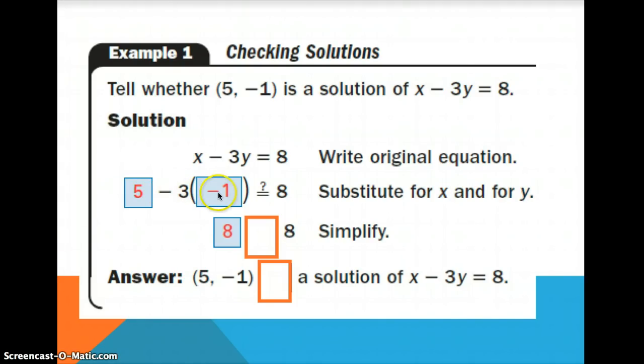So negative 3 times negative 1 is positive 3, right here. This became adding. 5 plus 3 is 8. So it equals. That means that ordered pair 5 comma negative 1 is a solution. That's all you have to write, yes or no. In this case it would be yes, it's a solution.